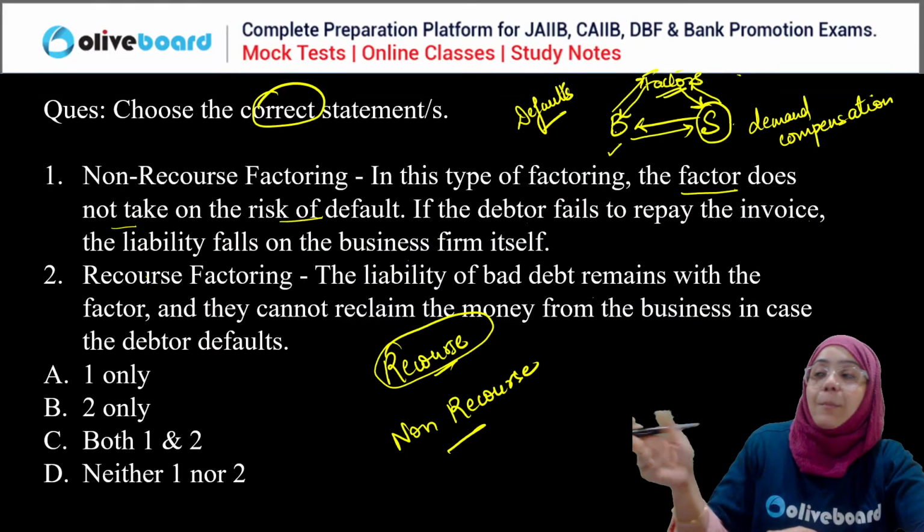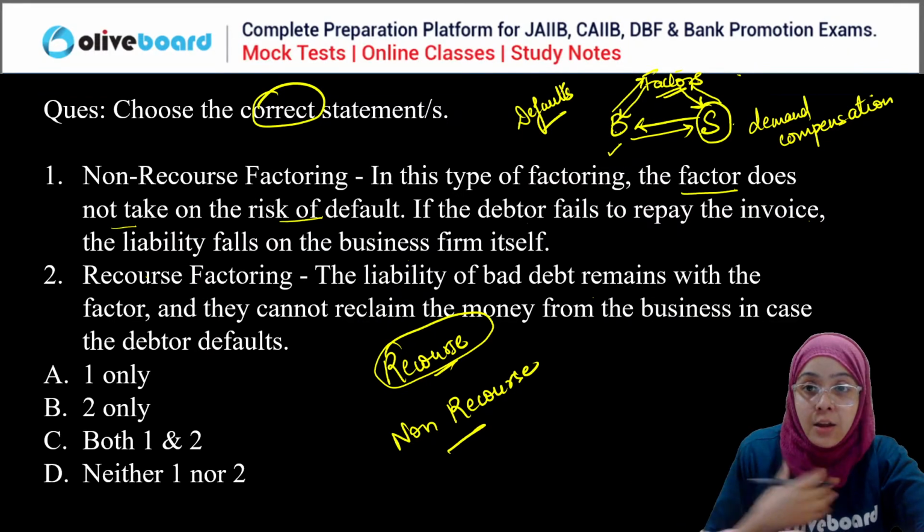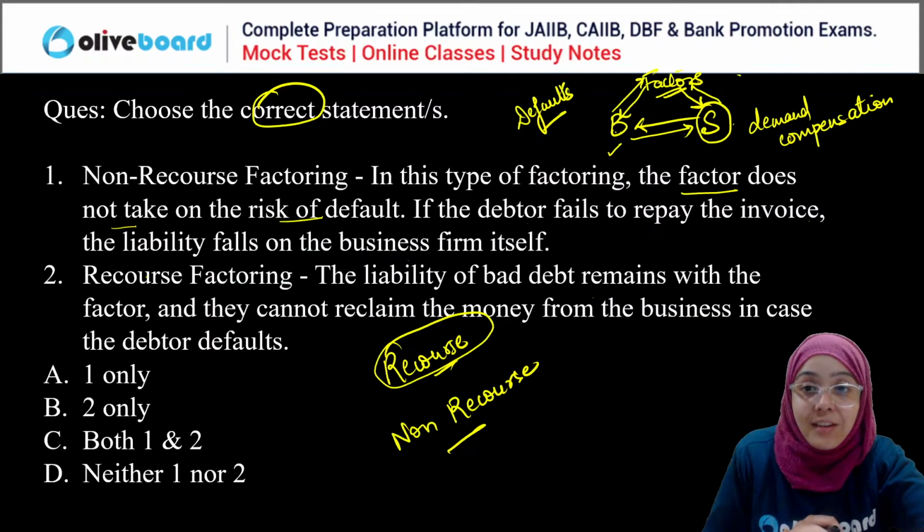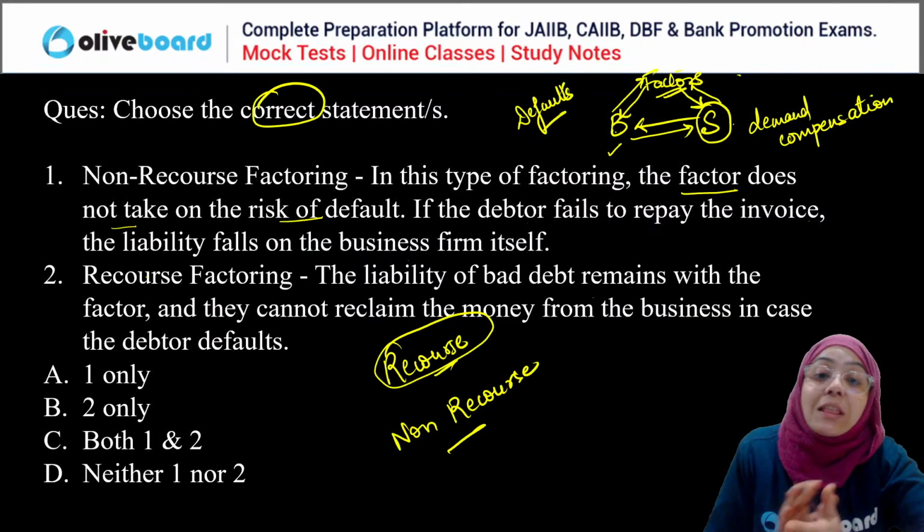Now you are responsible for giving back my money. So when the factor can demand compensation back from the seller or the business, then it is known as with recourse.